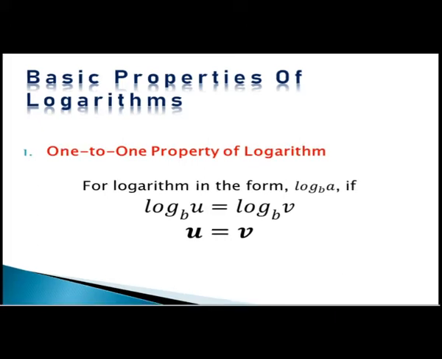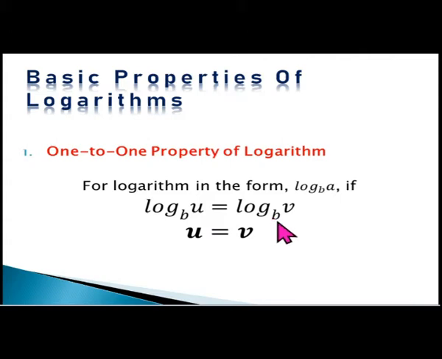As you have observed, our variable a has been replaced by the variables u and v. This means that we have two logarithmic expressions. We have the logarithm of u with base b and the logarithm of v with base b, and they are separated by an equal sign. But take note, class, that these two logarithms have the same base.